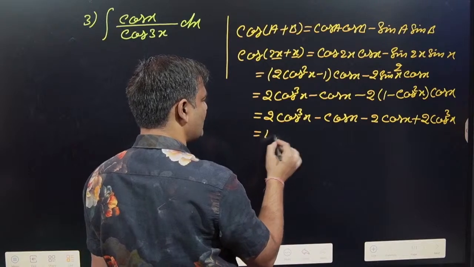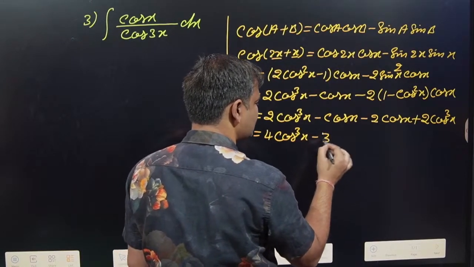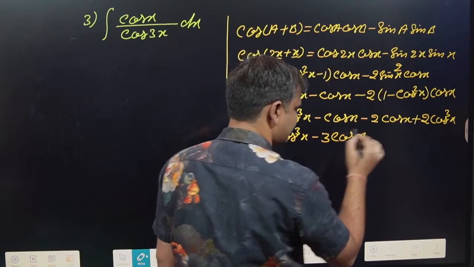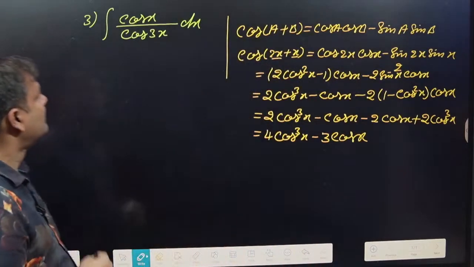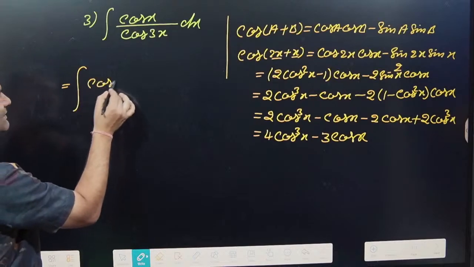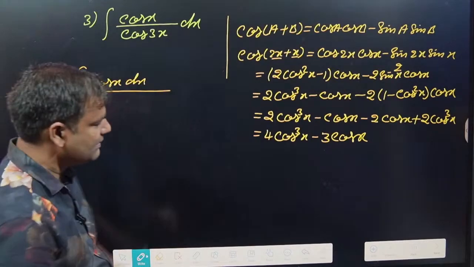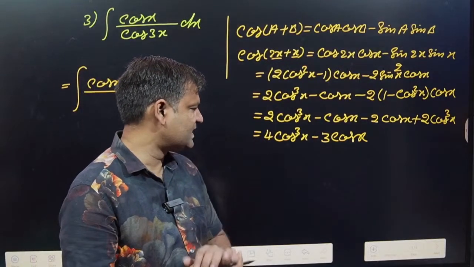So 4 cos cube x minus 3 cos x, in the integral of cos x dx divided by this.